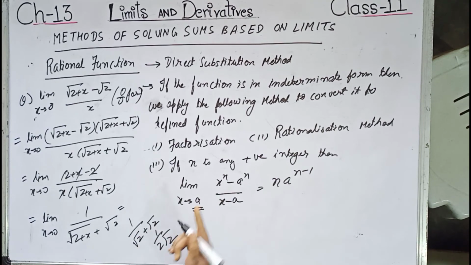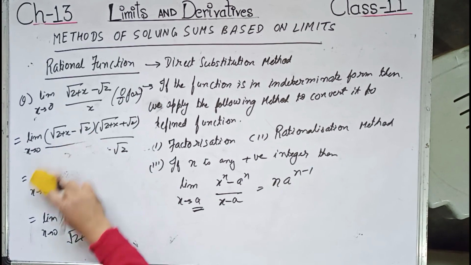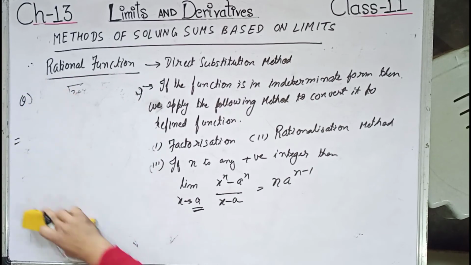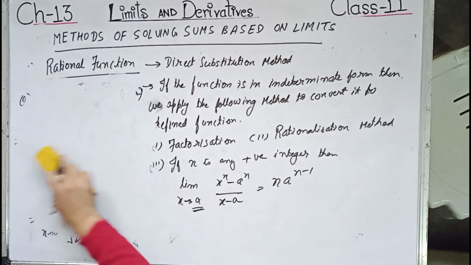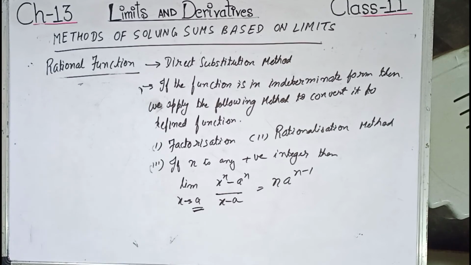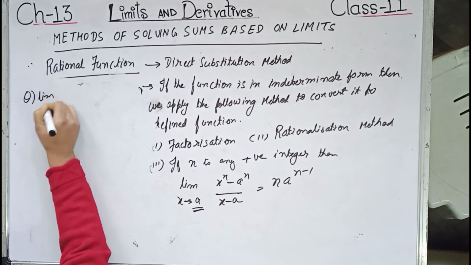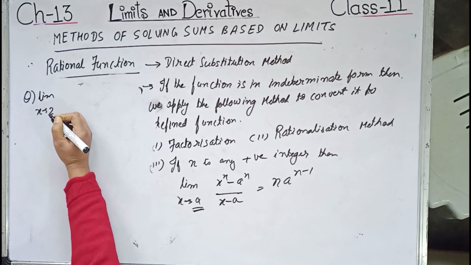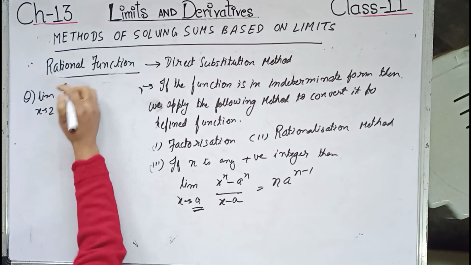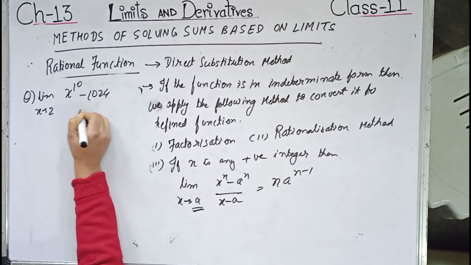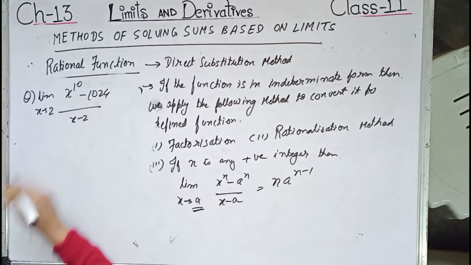So that was the rationalization method. Using this formula also, let me find a sum: limit x tending to 2, suppose, (x to the power 10 minus 1024) divided by (x minus 2).